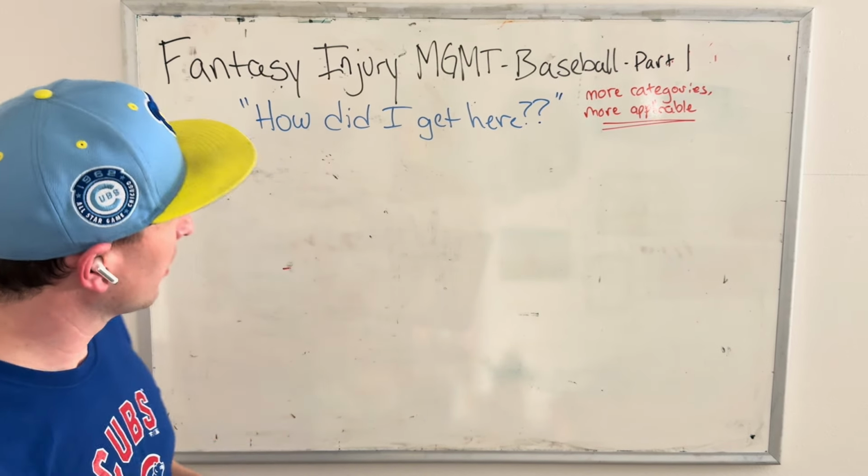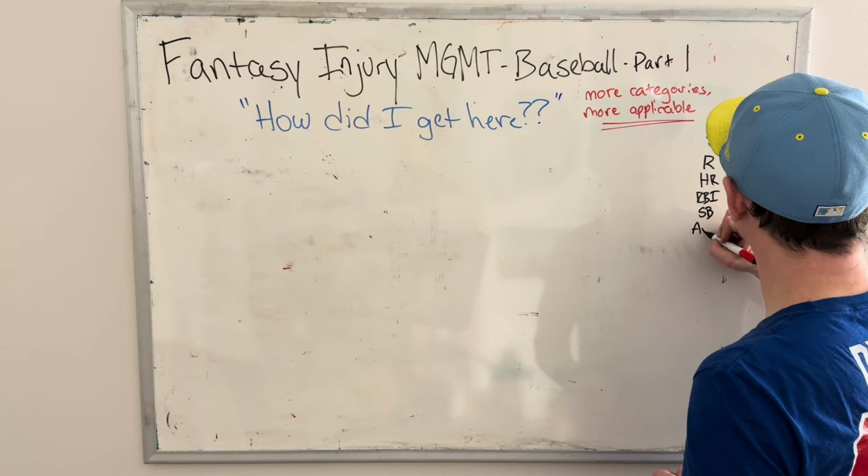5x5. I'm sure many of you know this. We have runs, home runs, RBI, stolen base, and average.